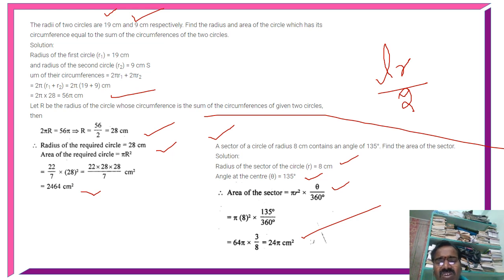After cancellation, we have 3 by 8 pi r square, and r is 8 centimeters, students.